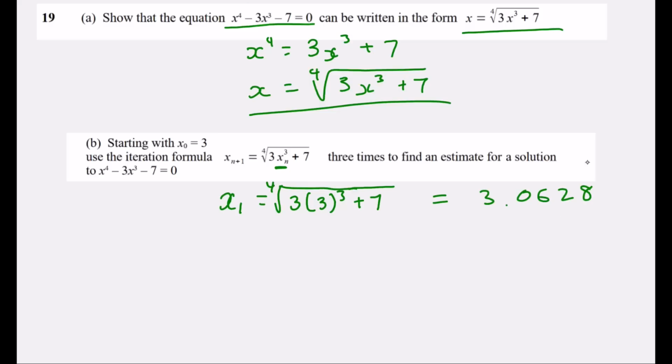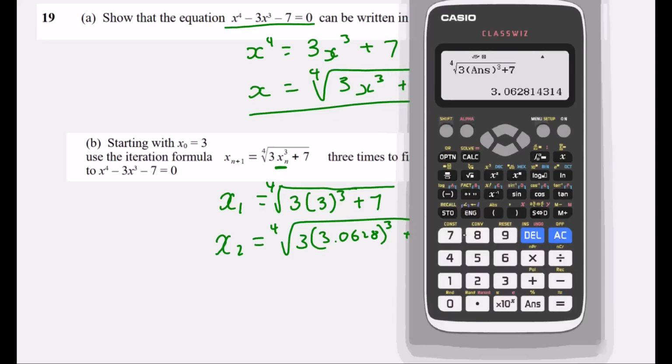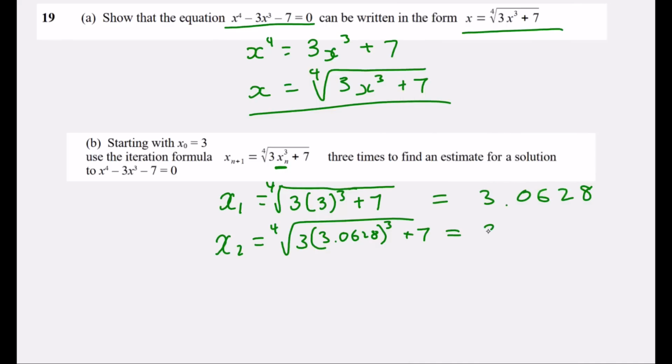Now I need to substitute this answer in. To find x2, I want to do the fourth root of 3 times 3.0628 cubed plus 7. So I'm substituting in my previous answer to get the next answer. But because I'm already using the answer button, I can just press equals again. 3.10705.